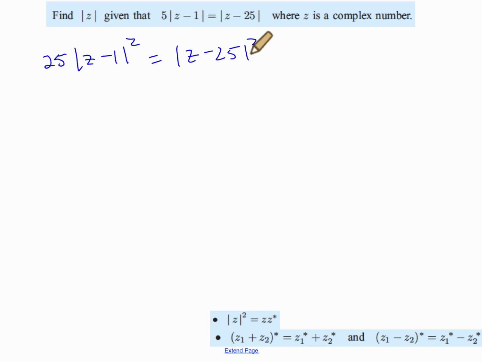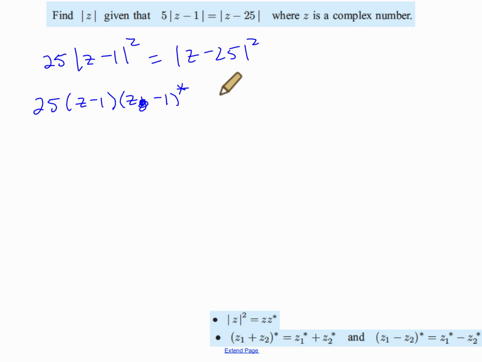Okay. Well, why do I do that? Well, the reason that I'm doing it is that's equal to 25 times (z minus 1) times (z minus 1) star.